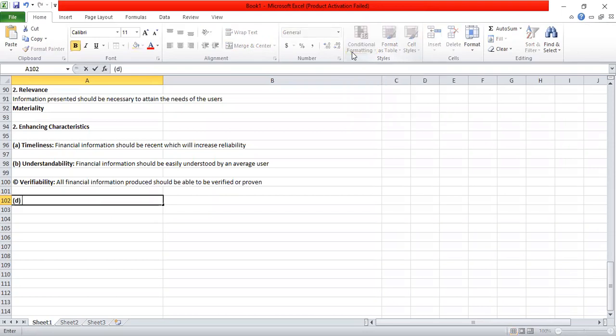Then the next one is comparability. Financial information should be provided in a way that it can be compared from one period to another.